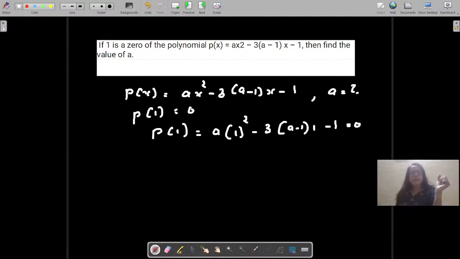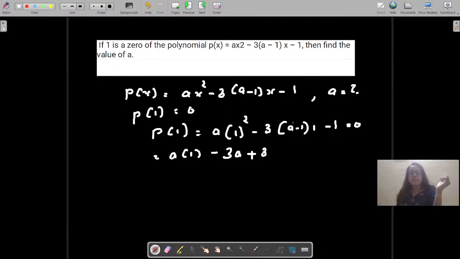Right? Now, that is equal to a into 1. A into 1 square is 1, minus 3 into a, that is 3a, negative 3 into negative 1, that is plus 3. Into 1 means no difference will be there. Isn't it? It is multiplied with 1, so no difference will be there.